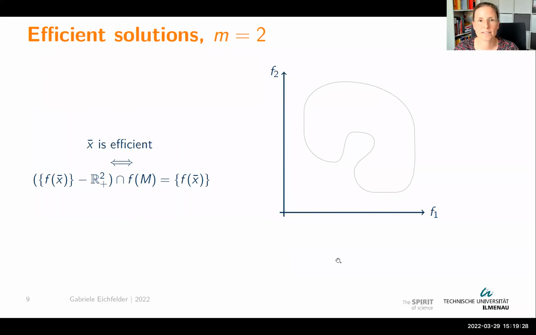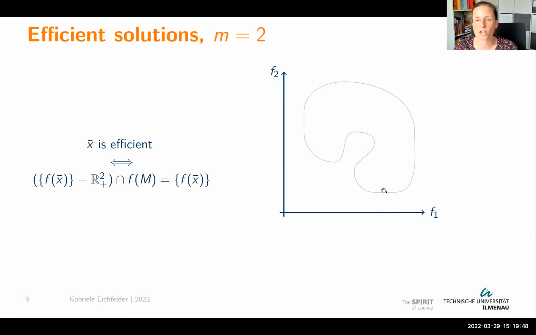So if we illustrate this notion, here it's written in set notation, and the illustrations we are doing typically in multi-objective optimization are in the image space. So here is F1 and F2. You take a feasible point X, calculate F1 of X and F2 of X, then you get one of those points. And this might be, for instance, such an image set.